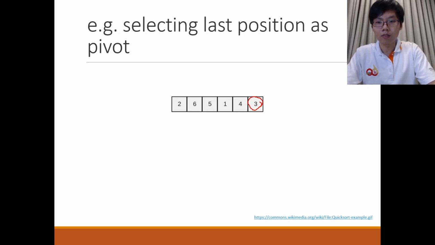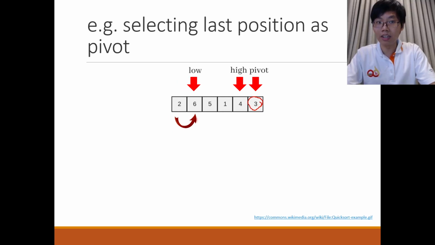Here is the low position, and here is the high position. If low is compared to pivot, which is 2 and 3, low is lower than pivot, so the low index moves from the first position to the second position.